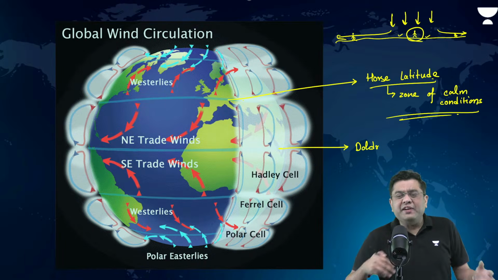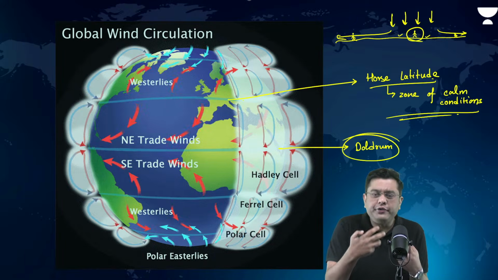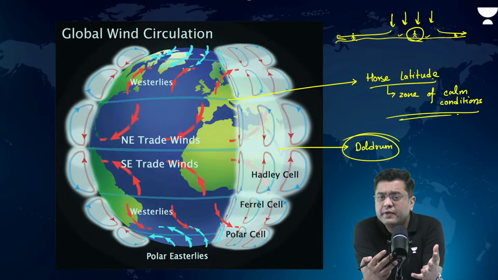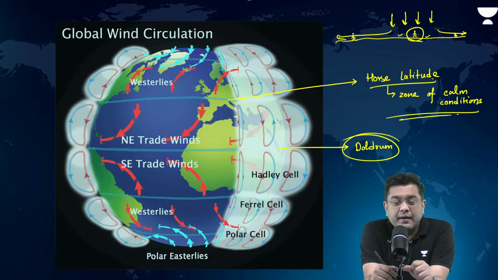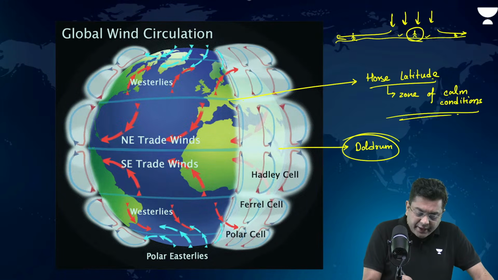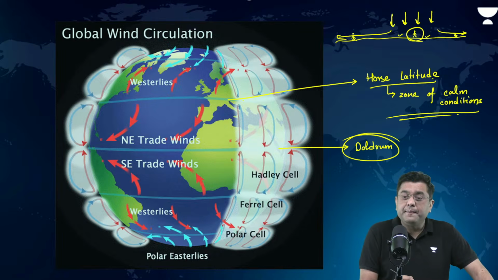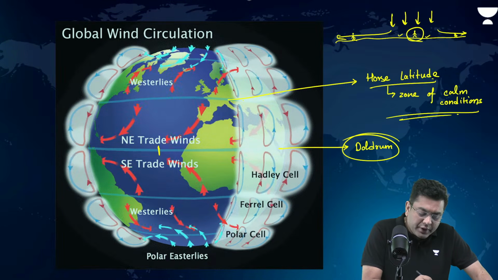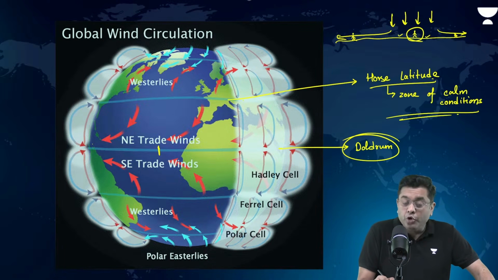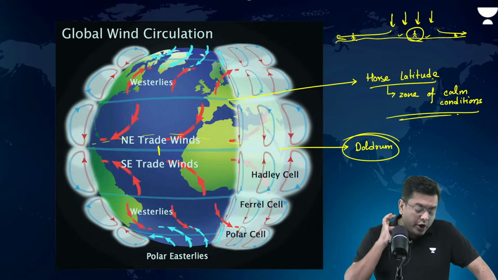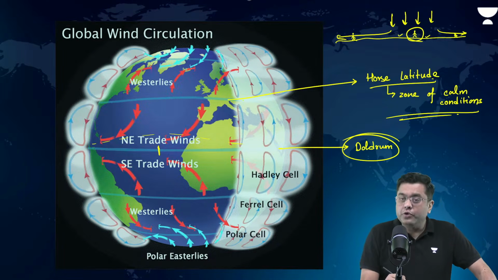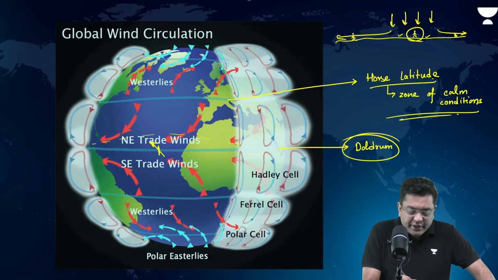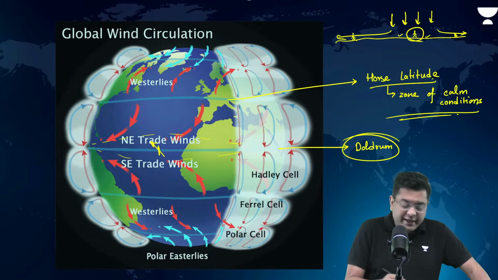But here you have multiple different kinds of stories which go about the naming of this. Why? Because if you observe this area, if, let's suppose, this low pressure gets diverted north, you can be pushed here also. If the low pressure gets diverted south, you can be pushed in the other direction also.